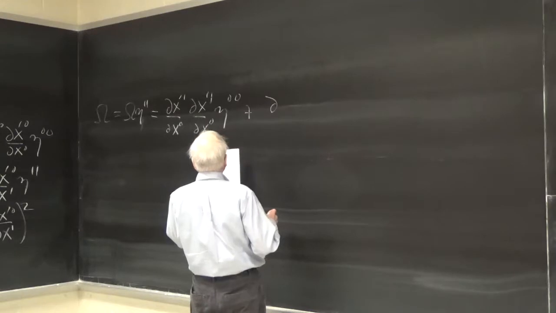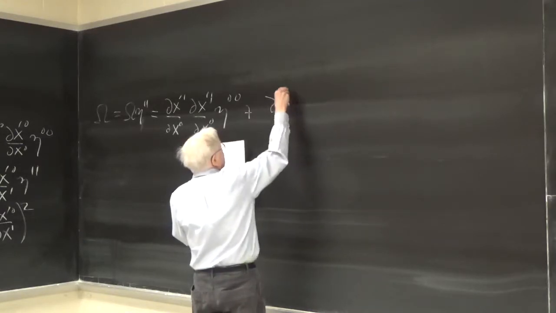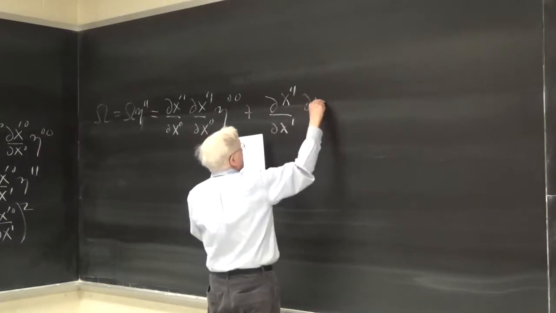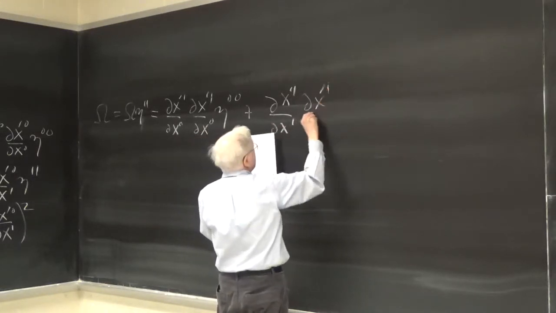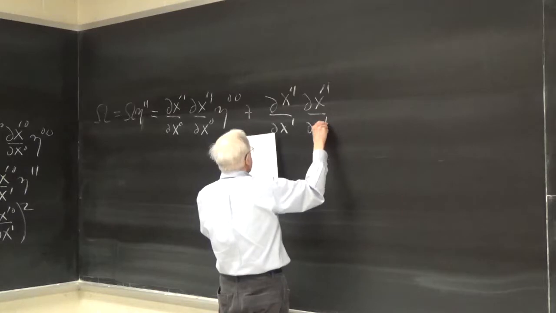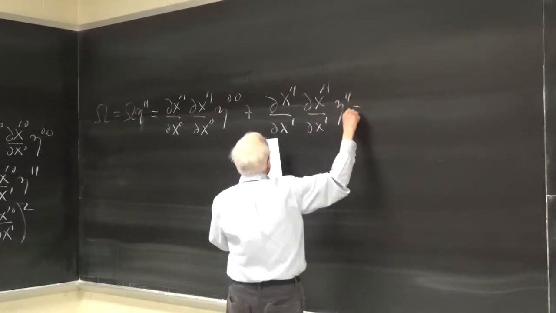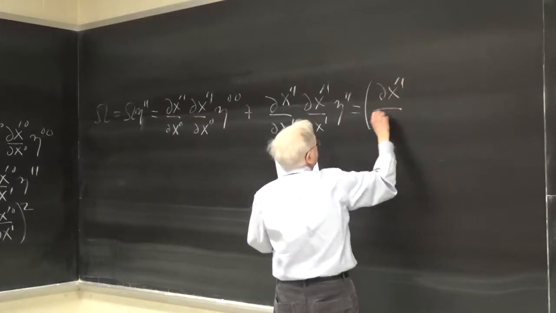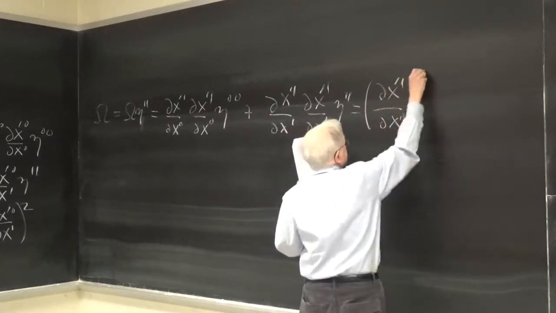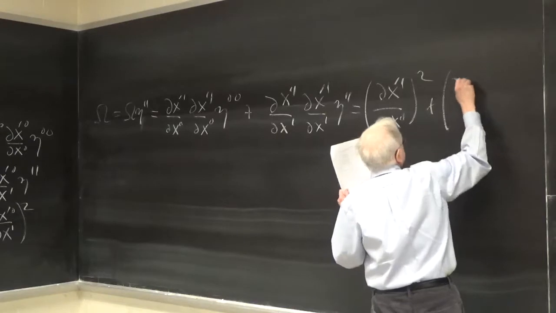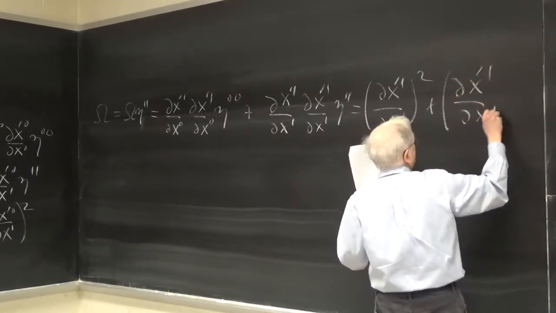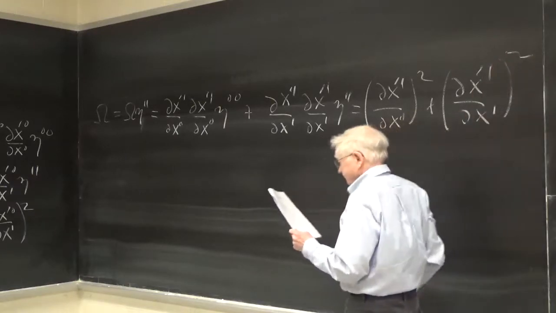So what we have here is partial x'^1, partial x^1, partial x'^1, partial x^1, eta 1,1, and this thing is the same as (partial x'^1 over partial x^0) squared plus (partial x'^1 over partial x^1) squared.